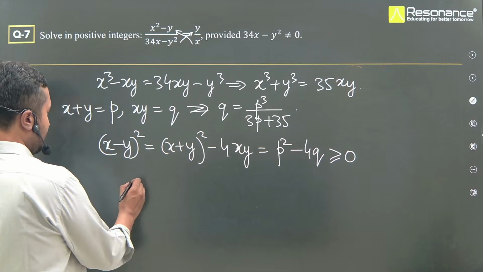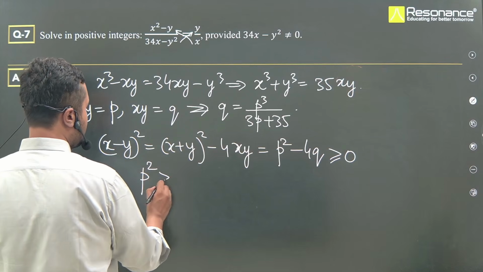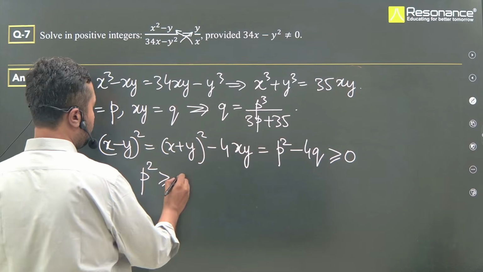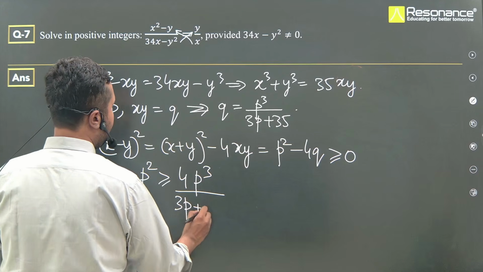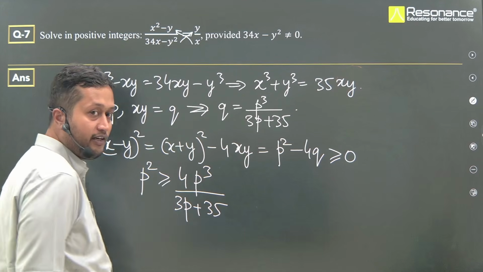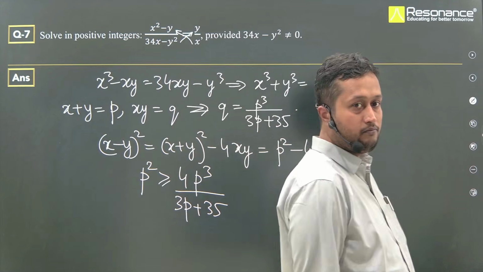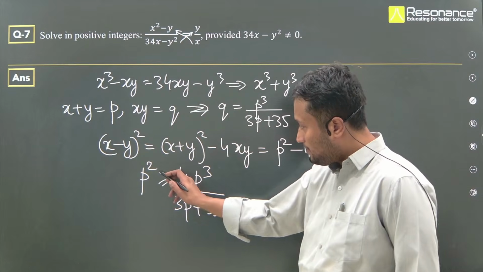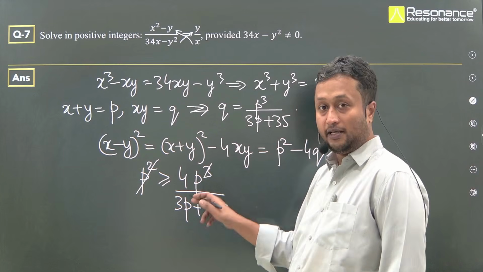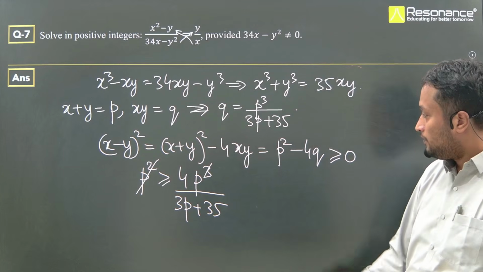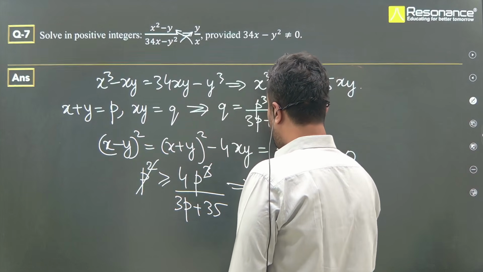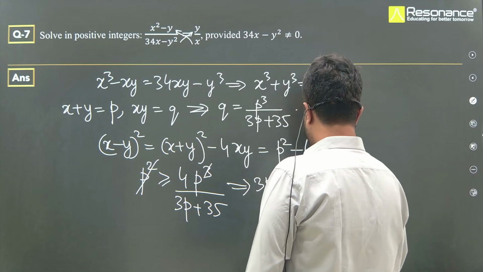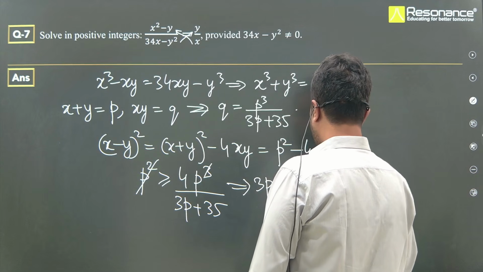And what does that tell us? It tells us that p square must be greater than or equal to 4q, but 4q is 4p cube divided by 3p plus 35. Let's make some cancellations. P square, that's p cube, so 1p is left. And what you have is 3p plus 35 is greater than or equal to 4p.